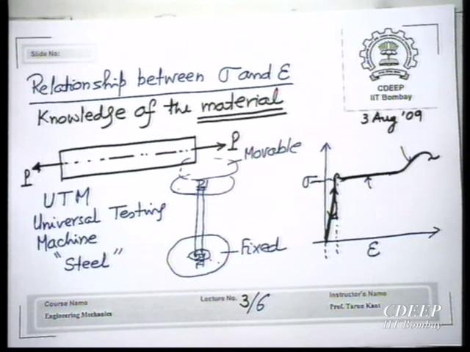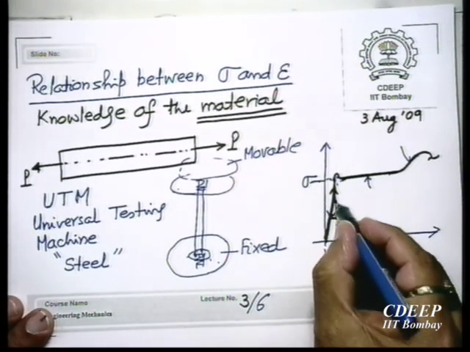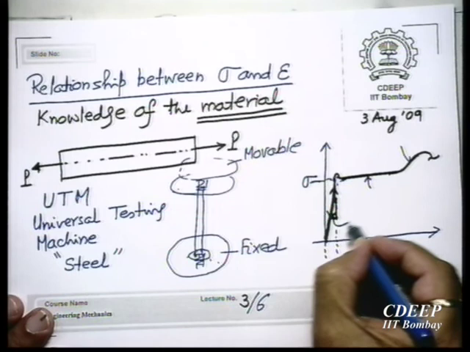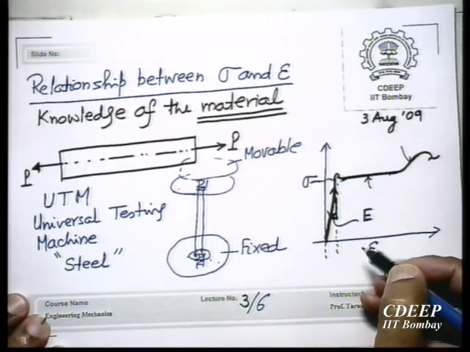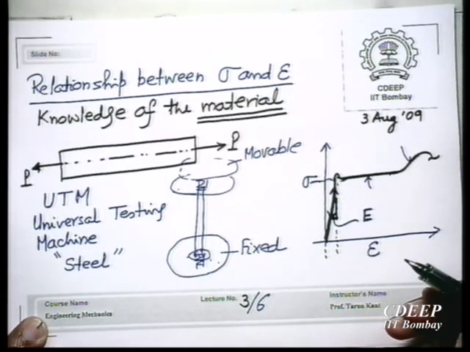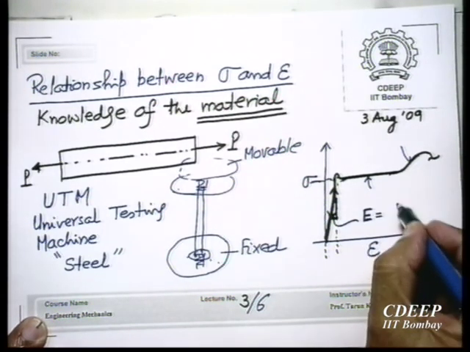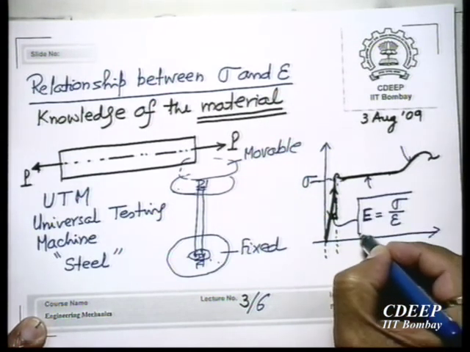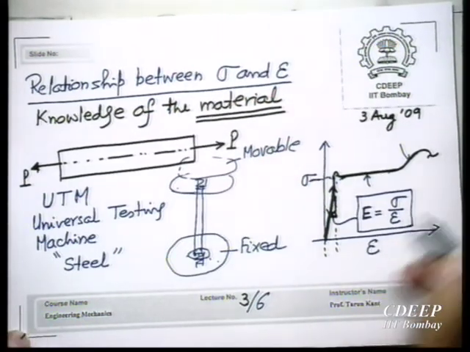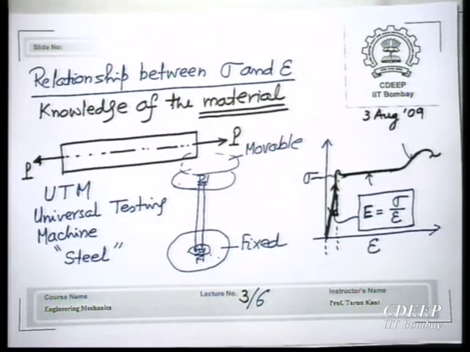Now, this slope is constant and is denoted by a material constant, the linear elastic constant, Young's modulus. You must have done this in your physics course. It is given by stress divided by strain. So, for a linear elastic material, we can have a relationship between stress and strain by drawing this curve and finding the slope, which is called the material constant, Young's modulus of elasticity.